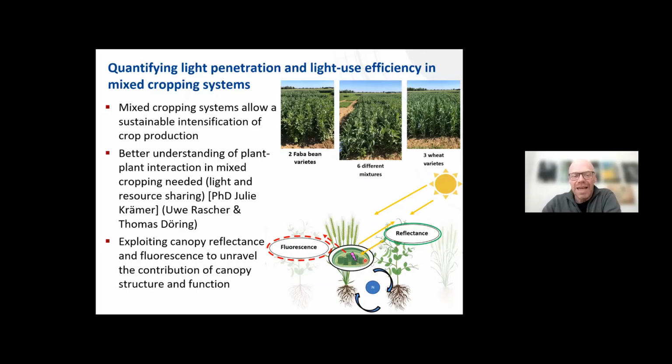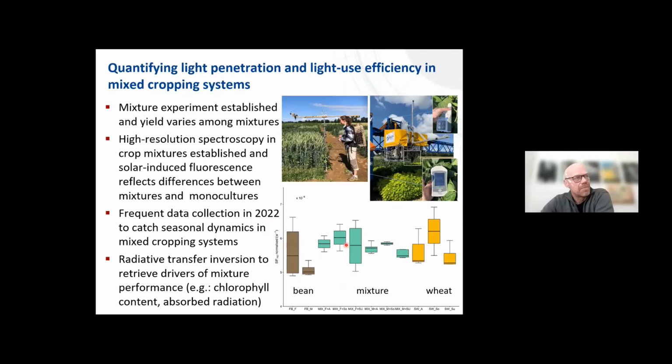By looking into the leaf level, she uses the fluorescence signal. So canopy structure, leaf level function, interplay, and these two parameters Julie wants to unravel quantitatively and non-invasively, because she wants to do this over the course of the whole vegetation period.